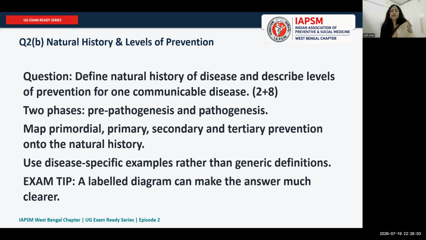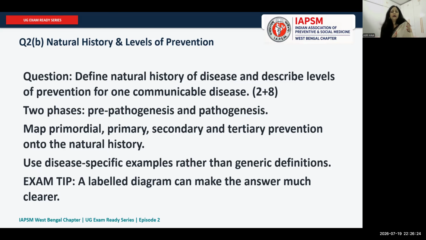Another important question, which also happens to be one of the community medicine basics, which I will say falls under the must-know areas, is the natural history and levels of prevention. Here, it was again a very generic question, but it can actually come in any form.